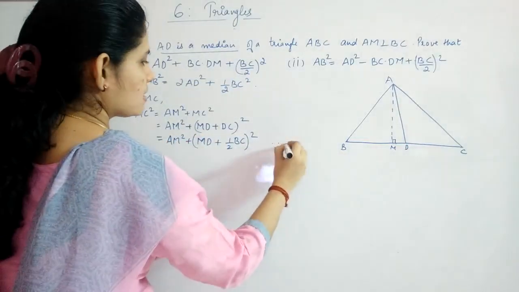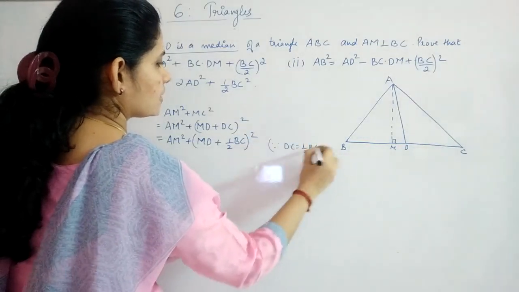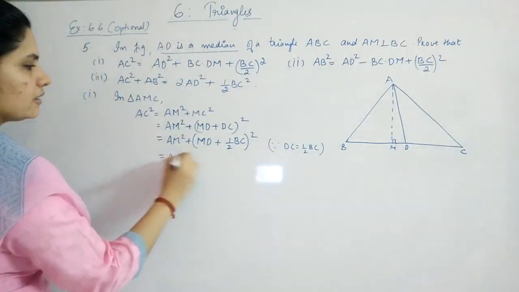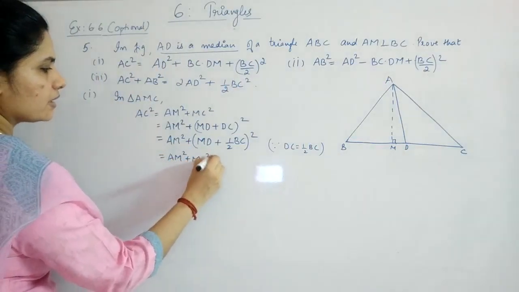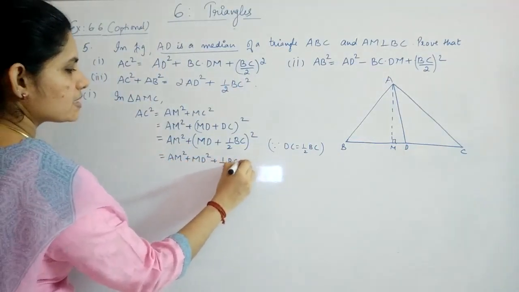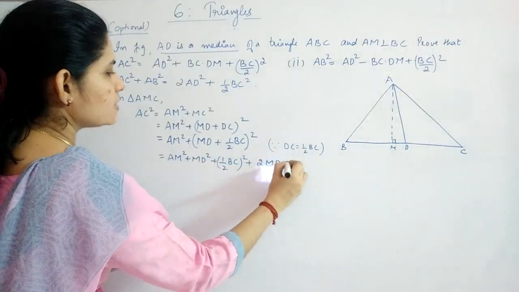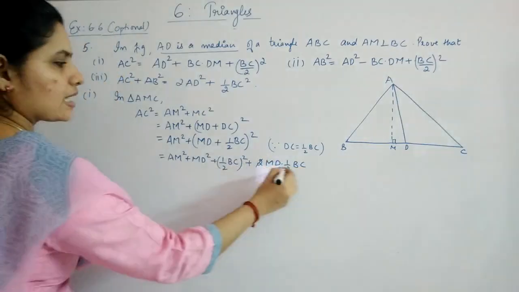Now expanding using A plus B the whole square, you will get AM square plus MD square plus half BC the whole square plus 2 times MD into half BC. The 2 gets cancelled.